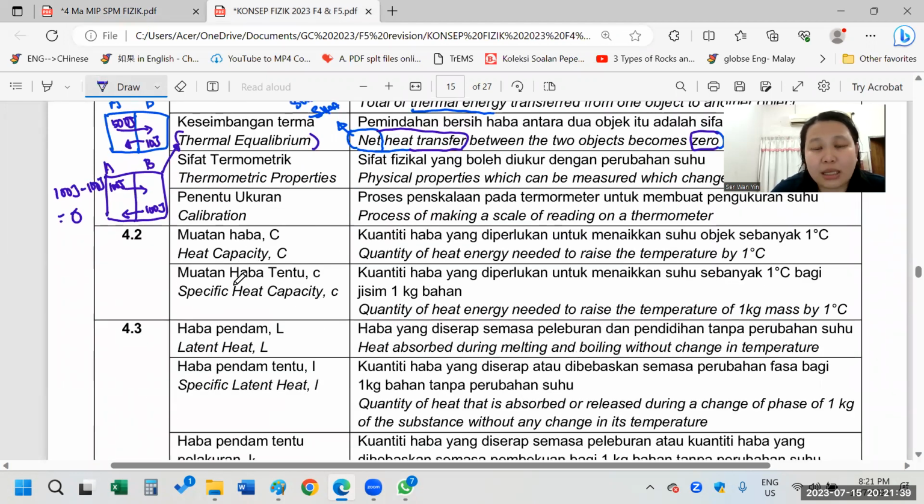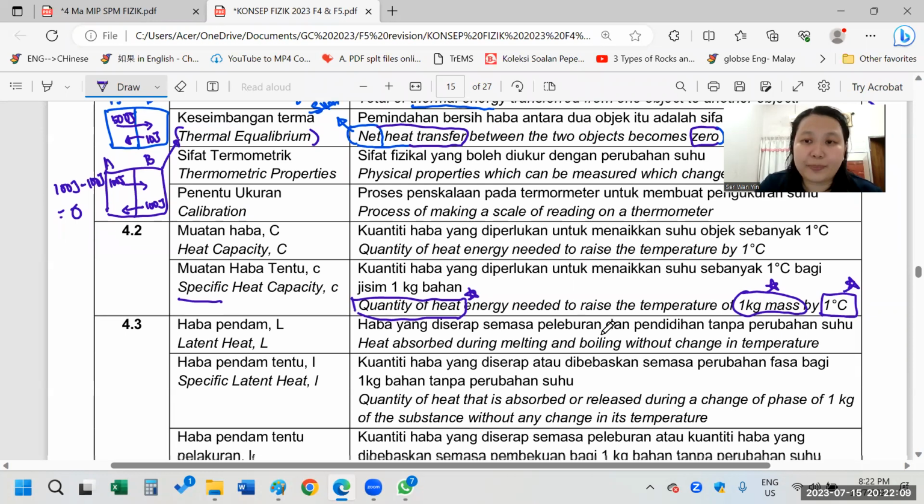Specific heat capacity has 1 kg of mass, 1 kg only. It's the quantity of heat to raise the temperature of 1 kg by 1 degree Celsius. These three are the key. Without these three keys in the sentence, it is wrong.